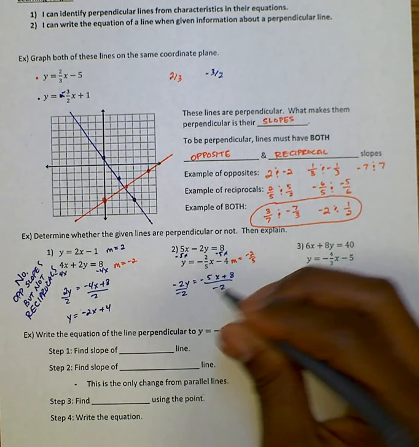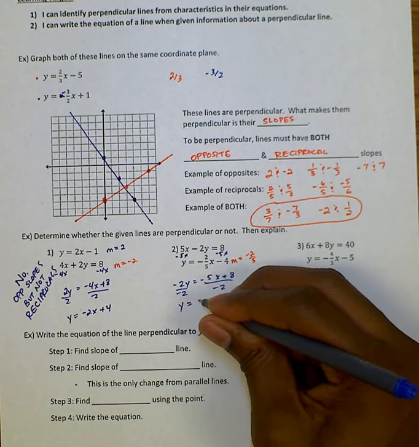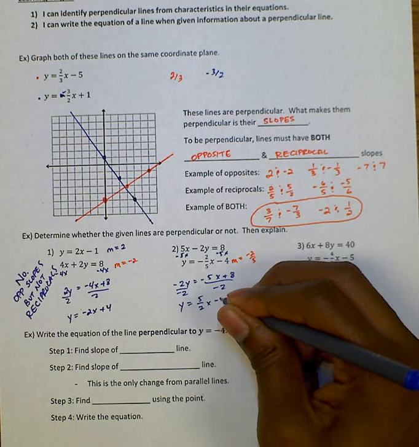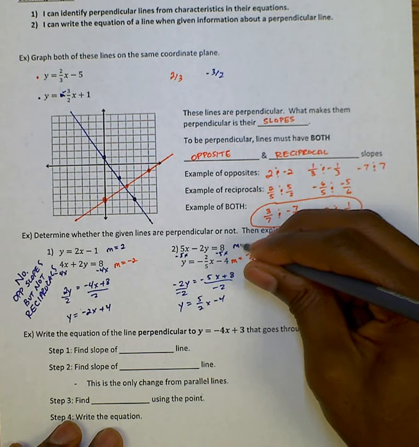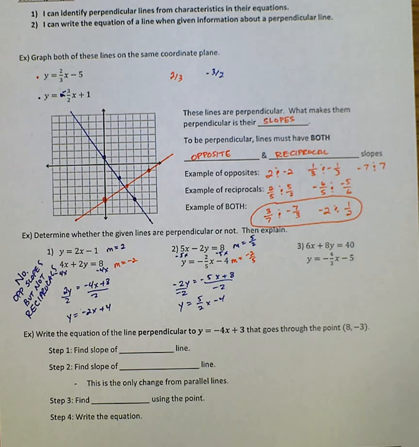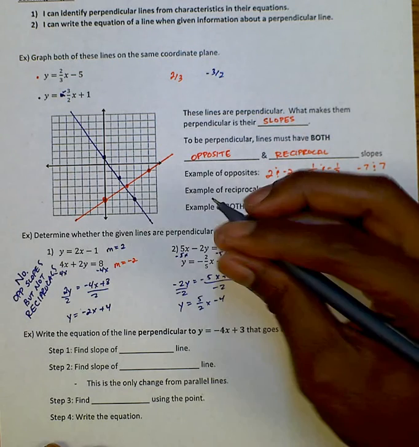I'll get y equals 5/2 x minus 4. So my slope for this next line will be 5/2. These slopes are opposite reciprocals. So the answer is yes.